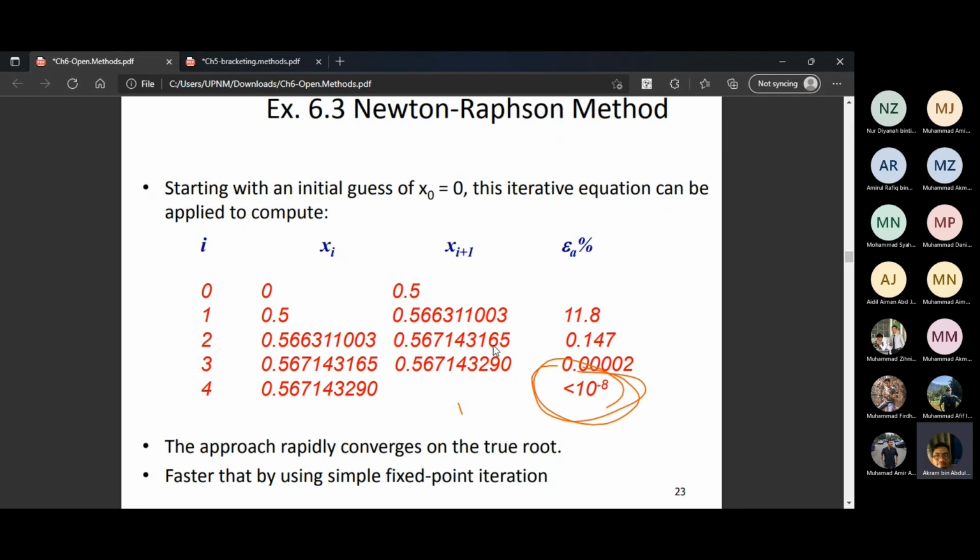So, but by using Newton Raphson method, kita akan dapati bahawa dia akan improvekan kita punya convergence dan dia lebih cepat converge berbanding dengan fixed point. So that means that by using Newton Raphson method, we can solve it faster compared to the simple fixed point iteration method.